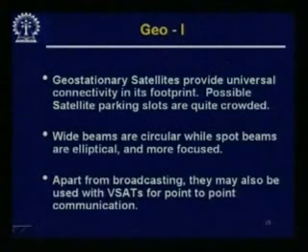Within its footprint it provides universal connectivity, from any particular point you can communicate with that satellite. Possible satellite parking slots are quite crowded. Wide beams are circular, while spot beams, which are more focused, are elliptical. Apart from broadcasting, they may also be used with VSATs for point to point communication. We will come back to this point later on.